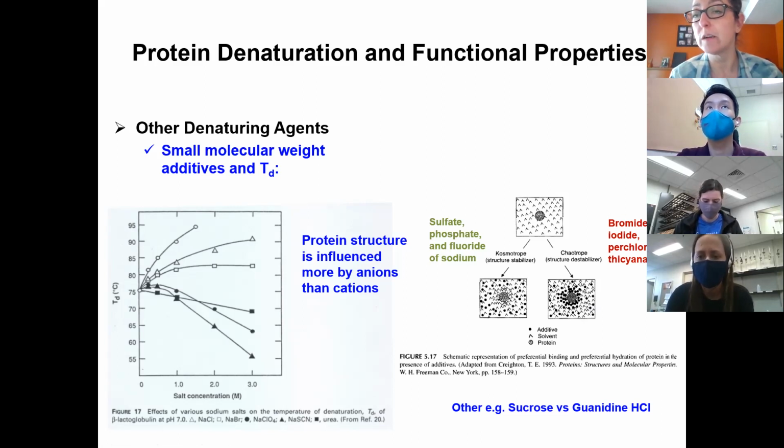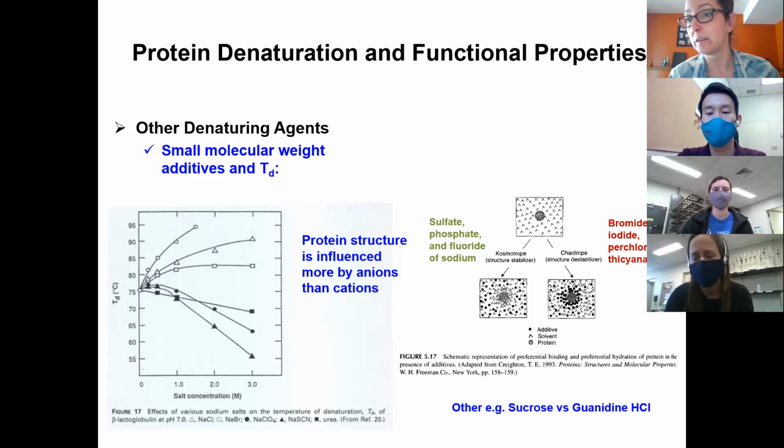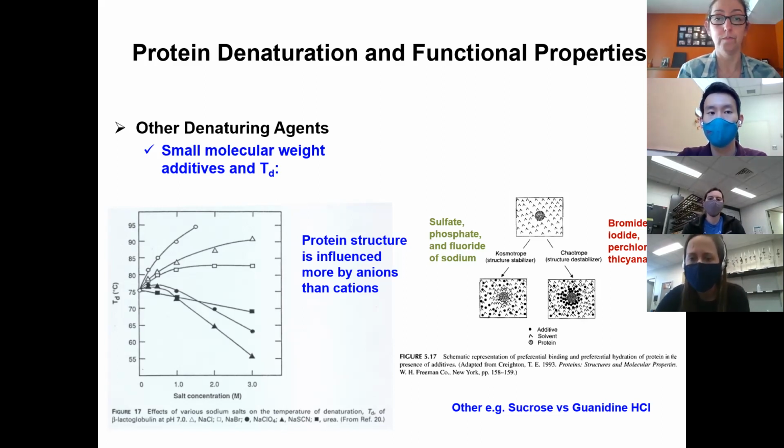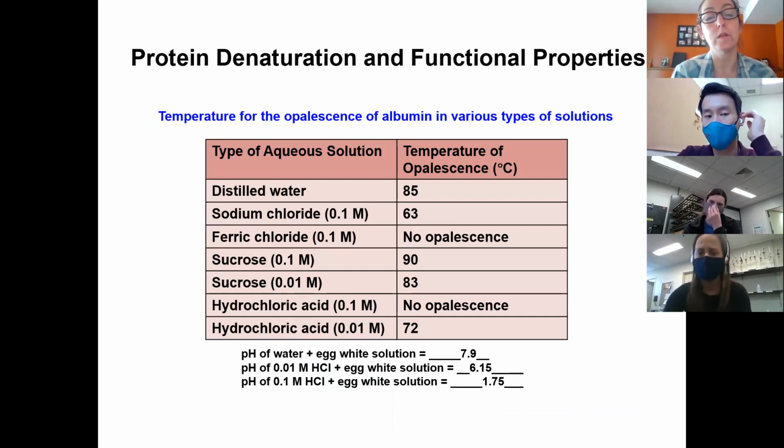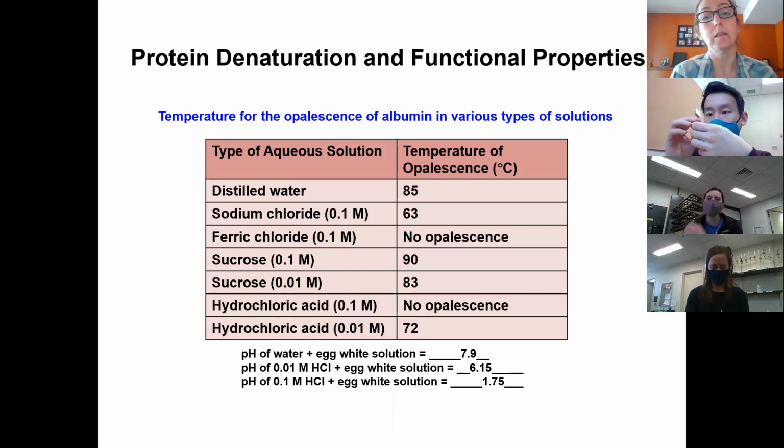The more you have interactions with water on the surface, the more you have charge on the surface and interaction with water, the higher is the denaturation temperature. Okay. This is an experiment we did back at Purdue in lab with students, and we looked at denaturation of albumin, egg protein.